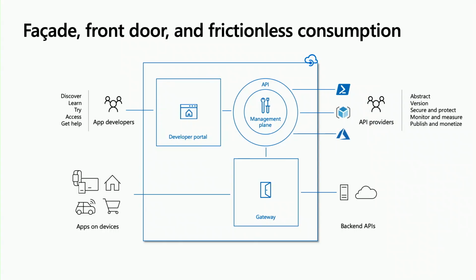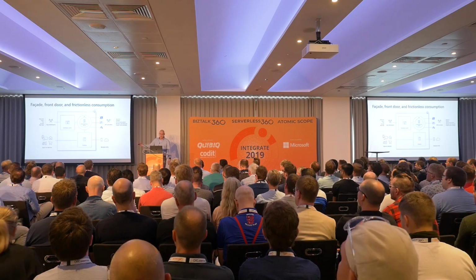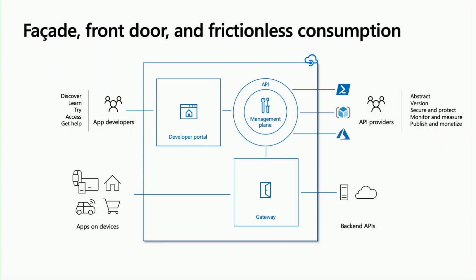Quick show of hands. How many of you have a basic understanding of API management? This is fantastic, because I don't have an overview except this one slide. So just to catch up a few of you who don't know, Azure API Management service in Azure is used by API providers to expose the APIs to app developers.